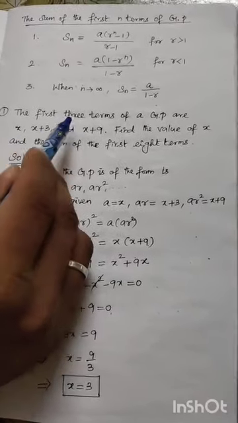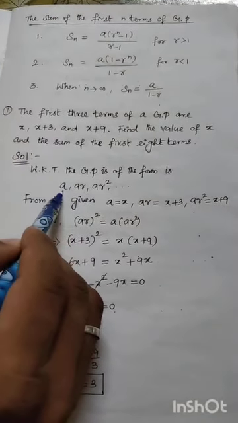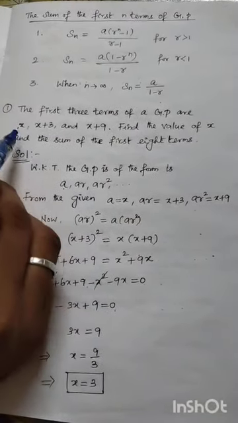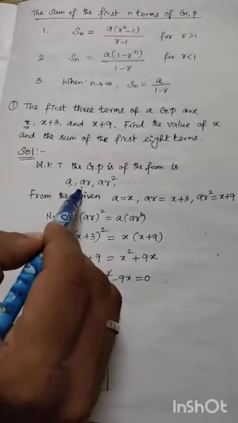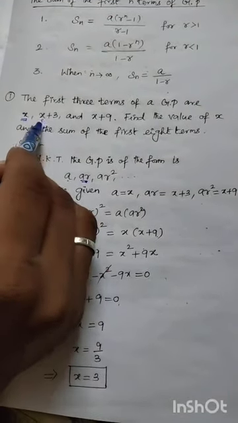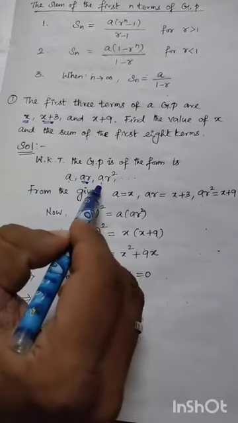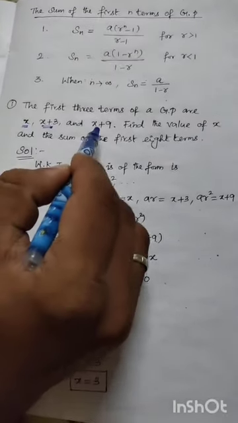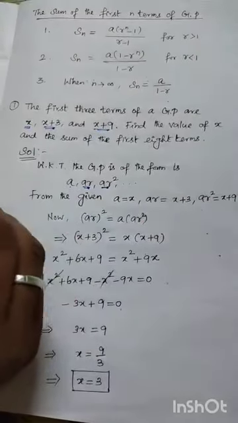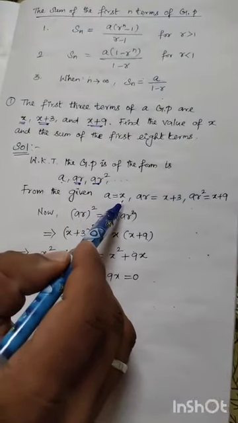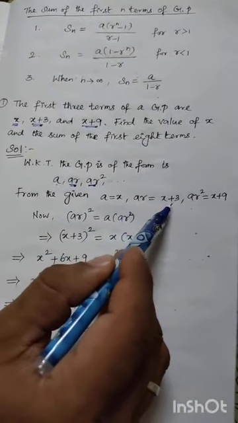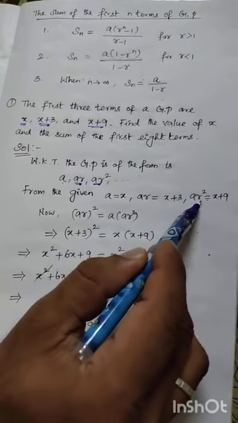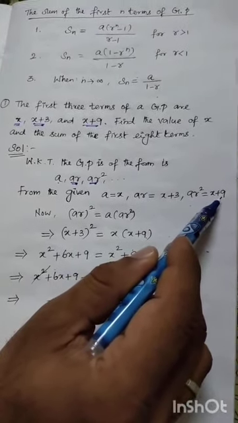The second term ar is x plus 3. The third term ar square is x plus 9. So a equals x, ar is equal to x plus 3 and ar square is equal to x plus 9.